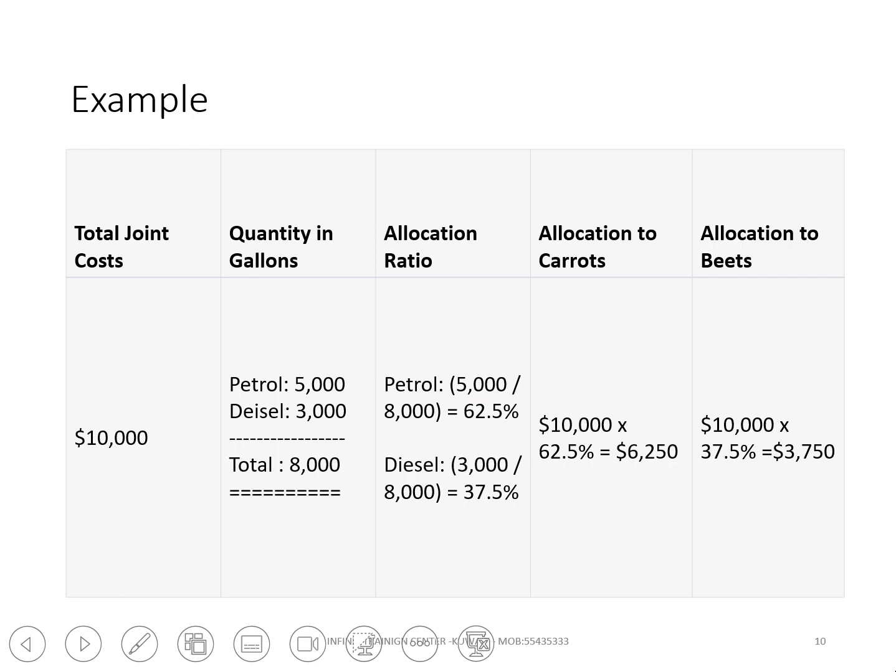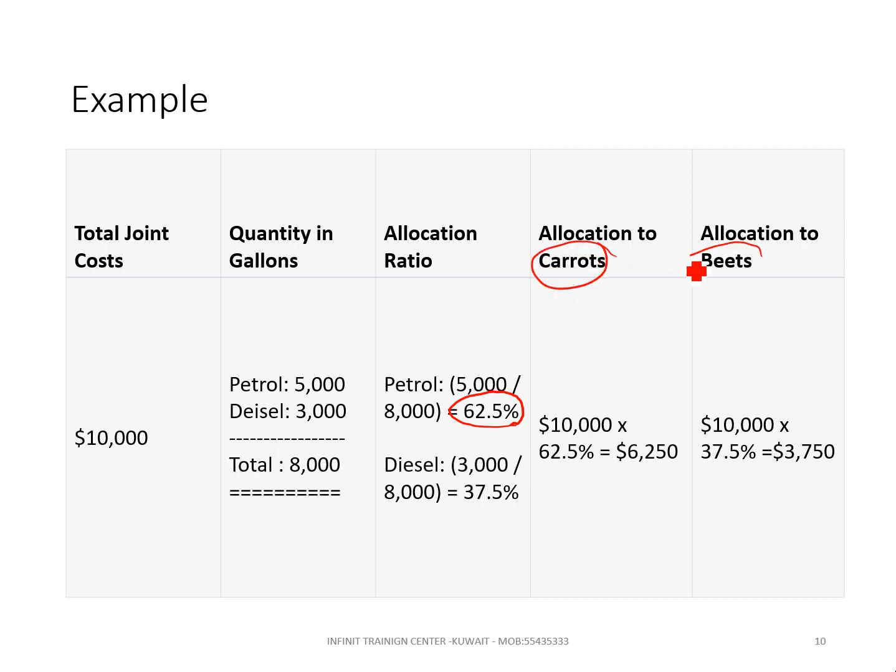So 62.5% is the allocation ratio for petrol. Here, sorry, I have some difference. This is petrol and this is diesel. Okay, some example I changed later.